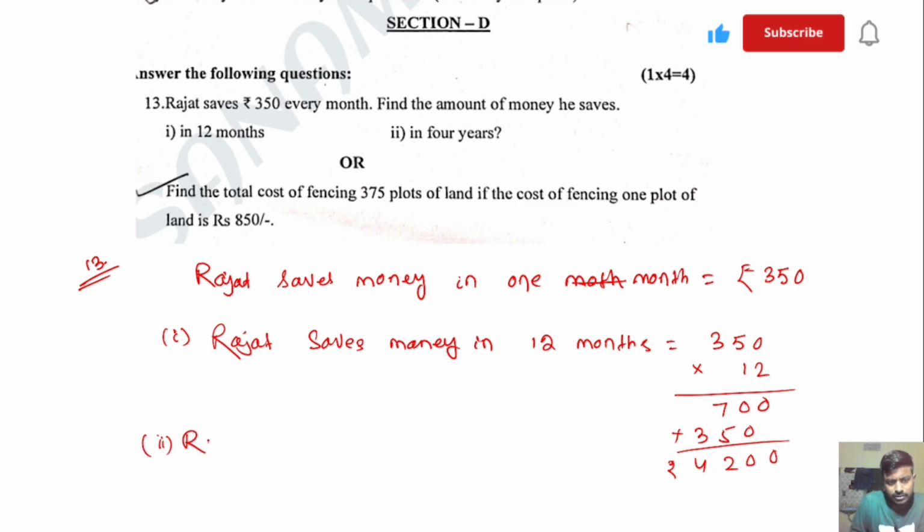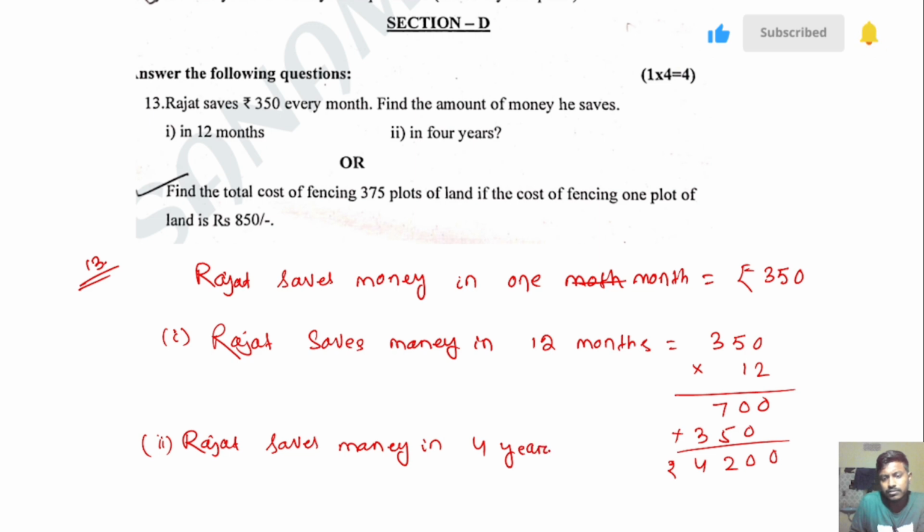Next, question number II, 4 years. So write Rajat saves money in 4 years, that is 4 12 ja 48. Okay, 48 months, that is 350 into 48.